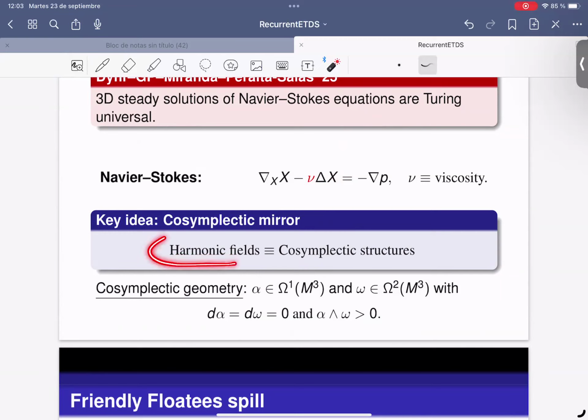But obviously harmonic vector fields are much more rigid than Beltrami fields because they are harmonic, so they satisfy minimum energy and this kind of stuff. So the same happens with co-symplectic structure. And a co-symplectic structure is somehow the perpendicular thing to be contact.